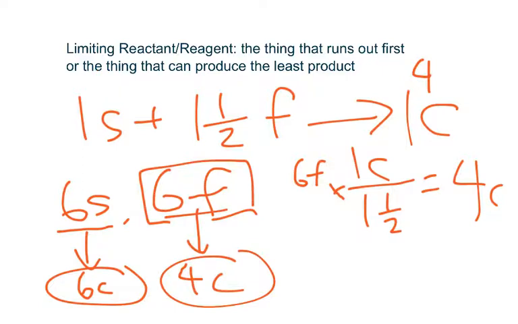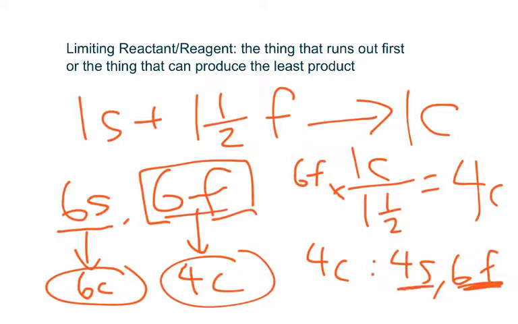So as a result, if we want to make 4 cakes, we have to use 4 cups of sugar and 6 cups of flour. So we used up all our flour, and we only used 4 cups of sugar. And since we had 6 originally, and we used up 4, doesn't that mean that we have 2 cups of sugar left over? And that's how a limiting reactant works.